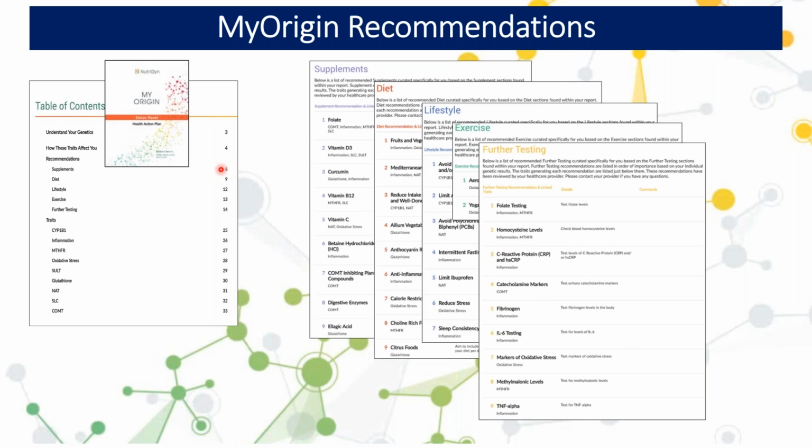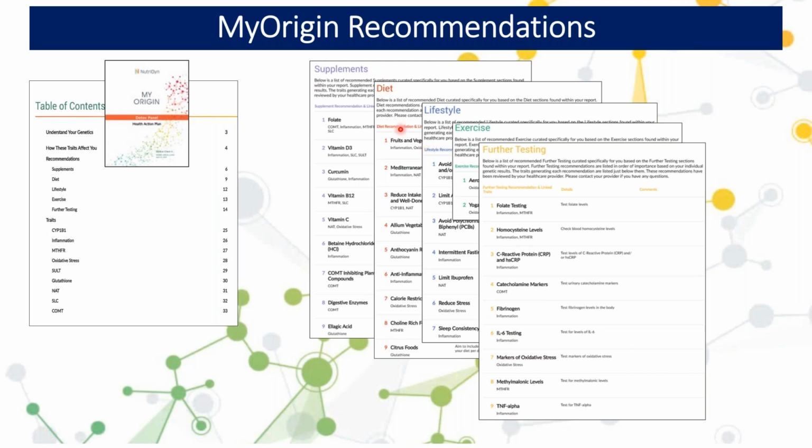Moving further into the health action plan, we see full pages on supplement recommendations, based on the SNPs that were high and medium impact.